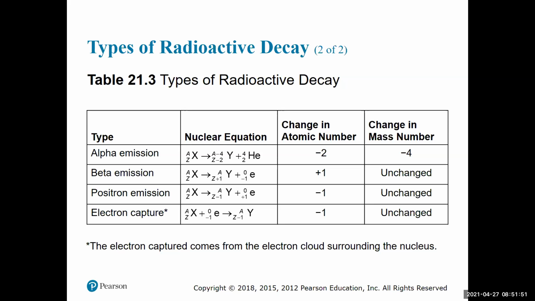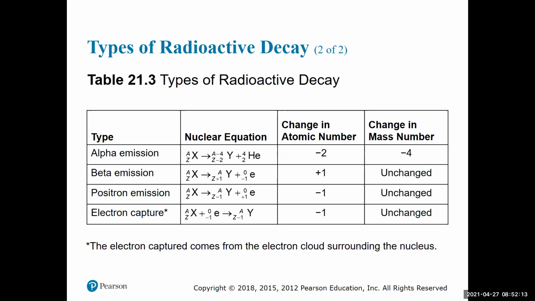So what this element Y means is it's two atomic numbers lower than whatever X is. So if X was 10, then Y would be 8, and it would be that different element.